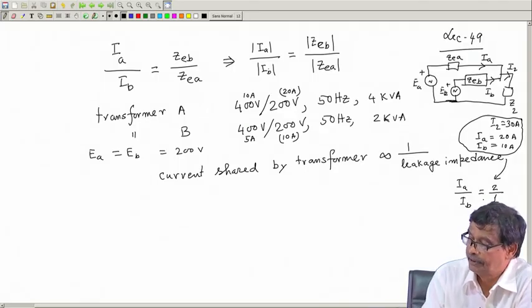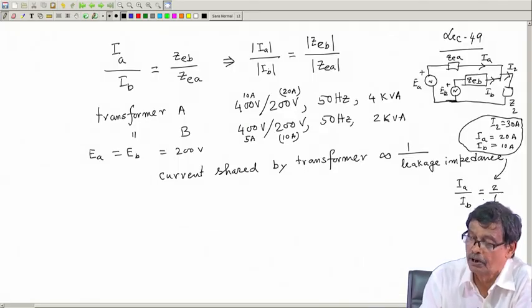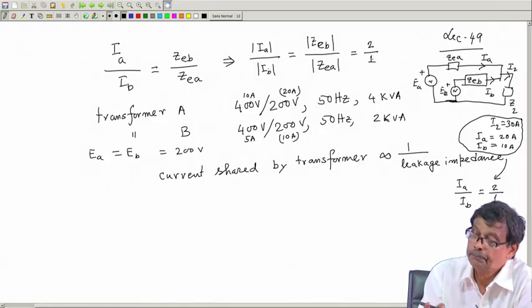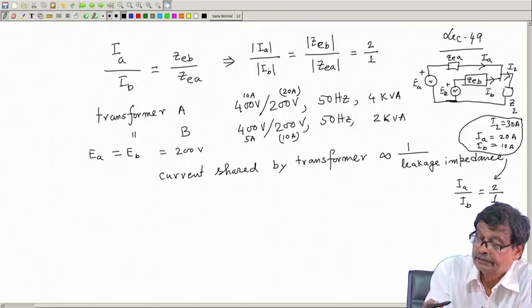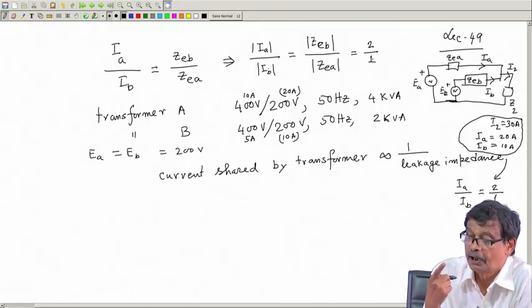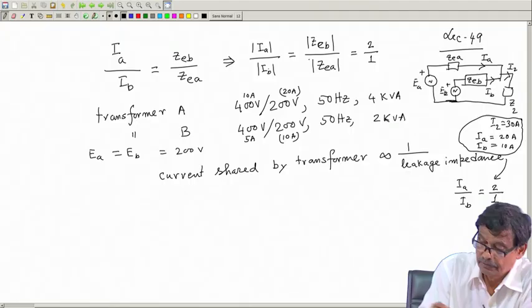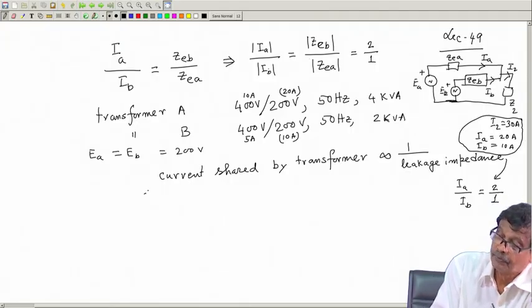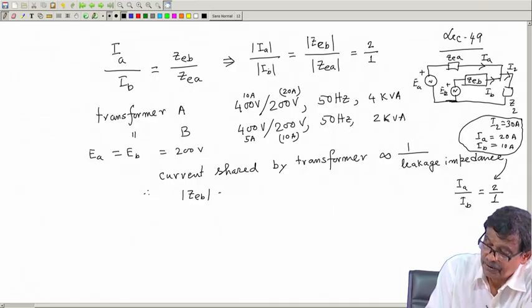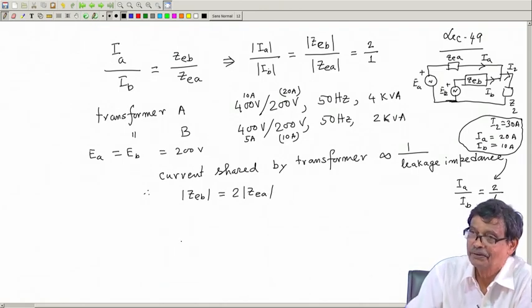If this best thing is to happen, then IA by IB must be 2:1, which implies that the impedance of transformer B should be twice the impedance of transformer A. Therefore, ZeB must be equal to twice ZeA, then only such a thing is possible.